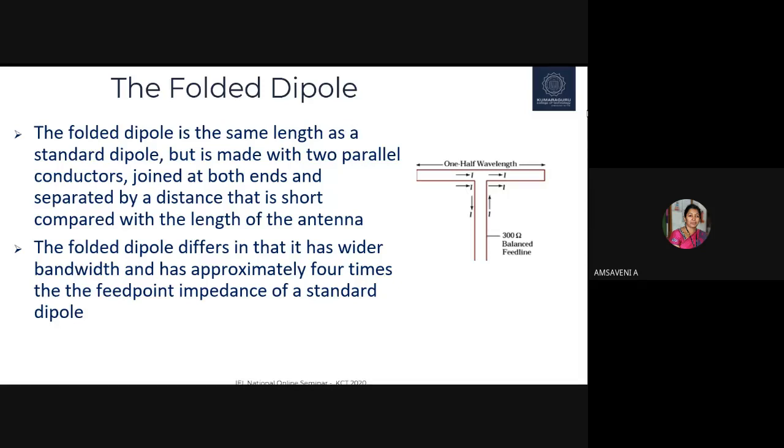That's why nowadays they are using a folded dipole as the driven element in Yagi antenna. It improves the radiation resistance. Even though, due to loading effect, a small amount may be dissipated as heat, you get better radiation resistance if you use a folded dipole.